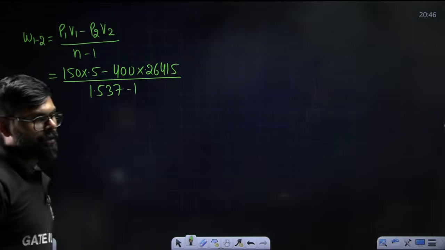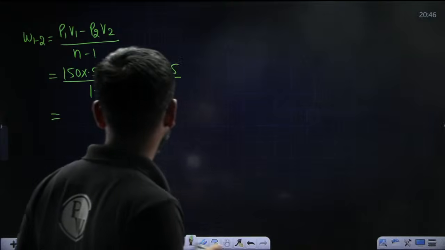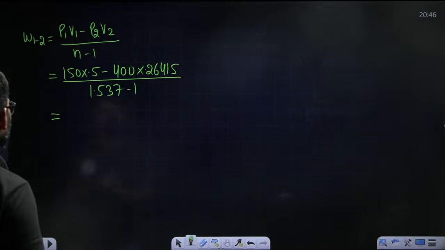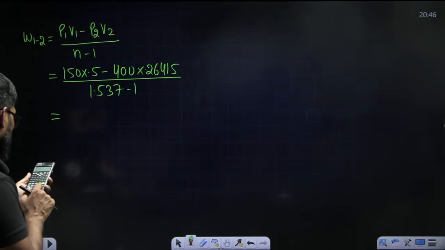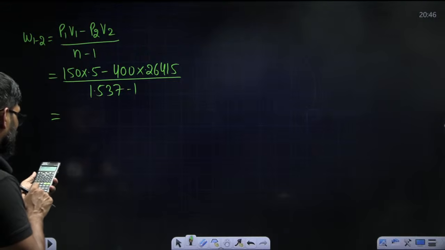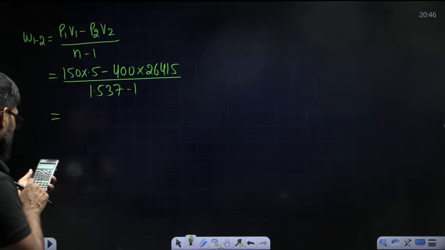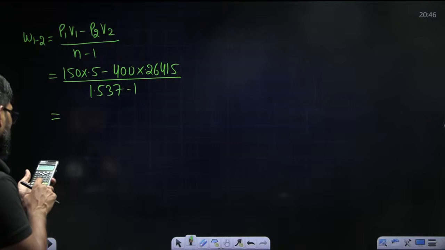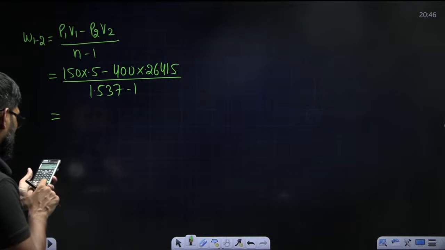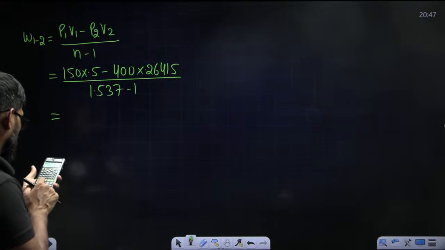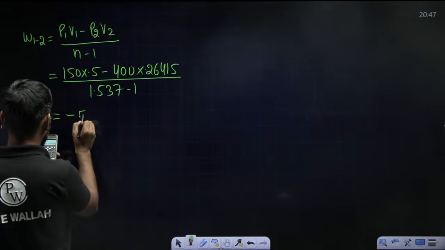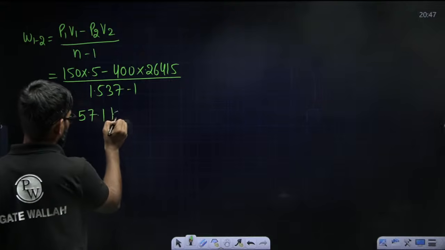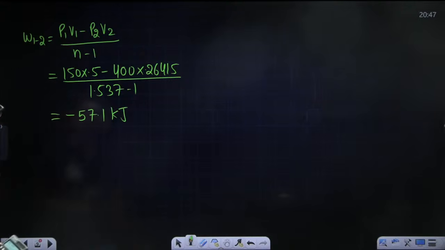So what is W value? Just calculate W value from here. So 150 into minus 402. So this value will come minus 57.1 kilojoule. Right, this is value W1 to 2.